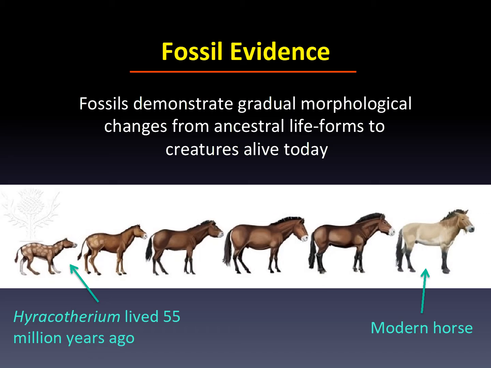And morphological, you'll remember, is a term used to describe the body form. So morphological traits are things you see and measure. It's like the shape and size of a body. This suggests a lineage of ancestors through the ages leading to its descendant alive today, which is the modern horse.